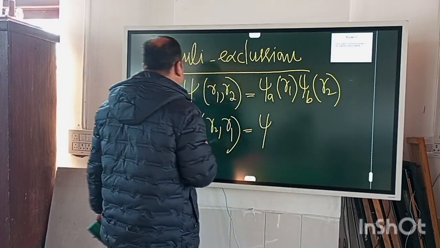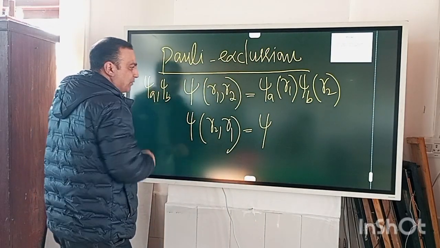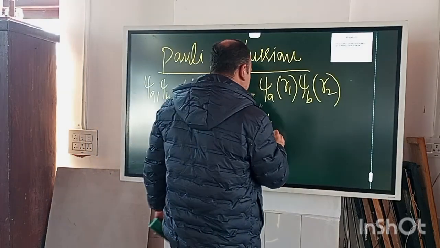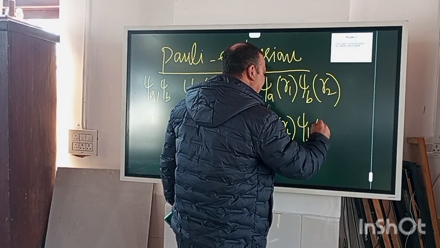So I have two states, psi A and psi B. In A I have R2, and in B I have R1.